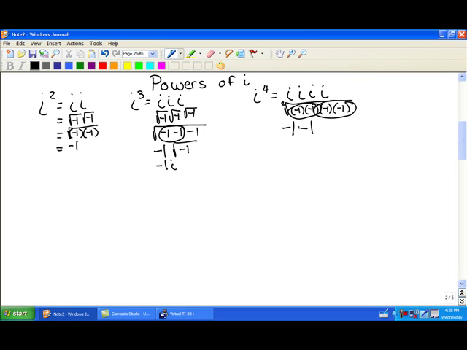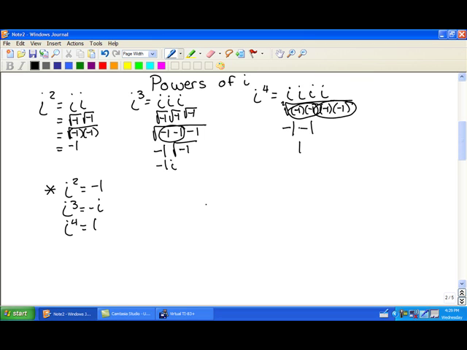Well, -1 times -1 is going to be a +1. It's going to be very helpful if you will remember that i squared is equal to -1. i to the third is going to equal -i, and i to the fourth is actually a real number, a +1.